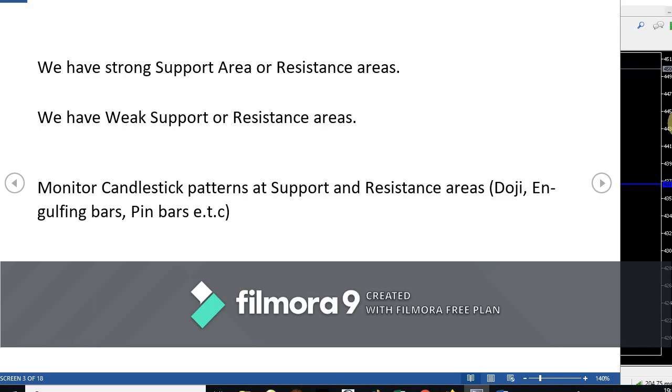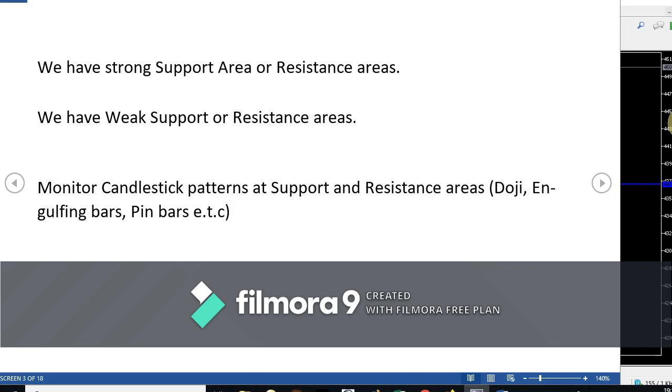Now, for us to really work with support and resistance in trading, we have to monitor candlestick patterns. What kind of pattern is developed at that particular support or resistance area?